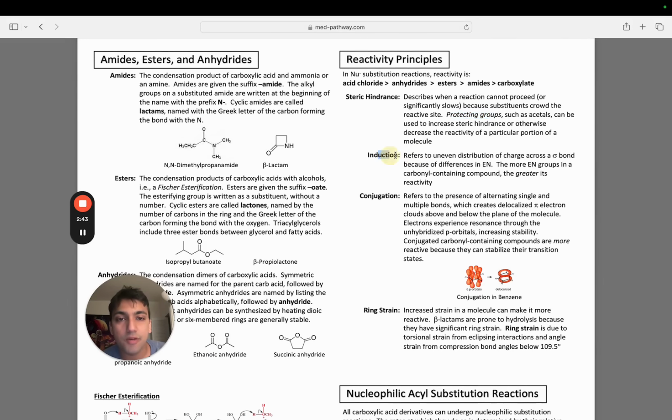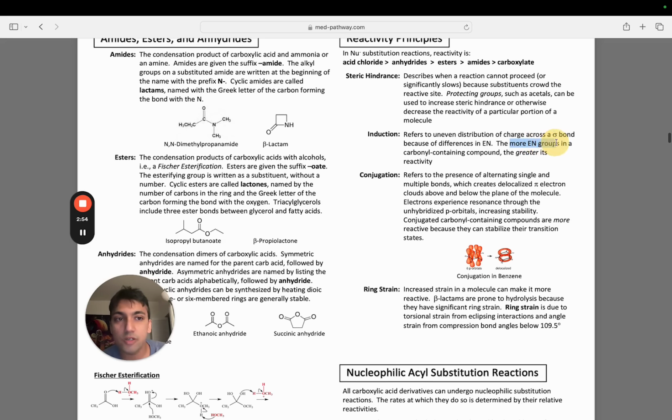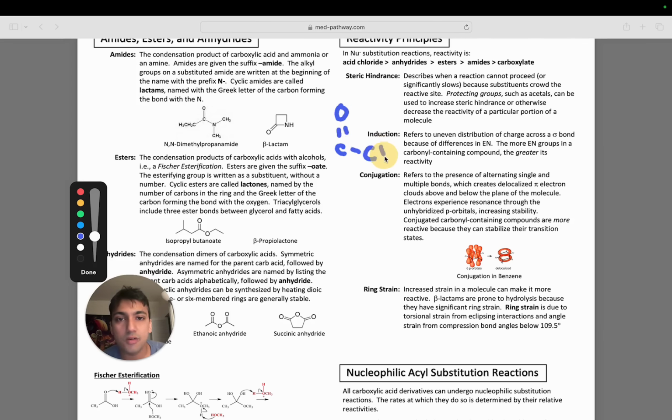Okay, now we have induction. Induction refers to the uneven distribution of charge across a sigma bond because of differences in electronegativity. You should understand that the more electronegative the groups in a carbonyl-containing compound, the greater its reactivity. Why is that? Well, let's think about a C=O and then something like chloride, which is pretty electronegative.